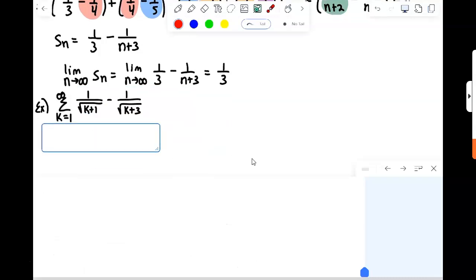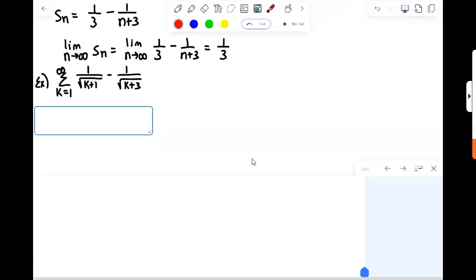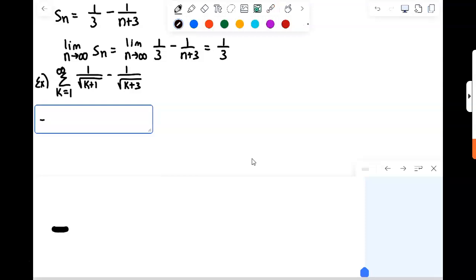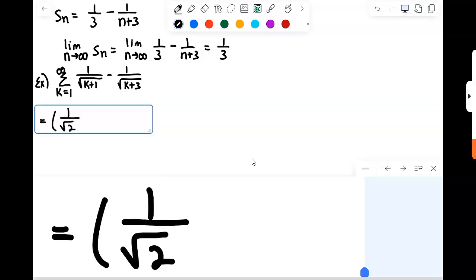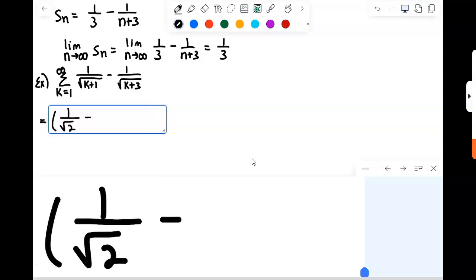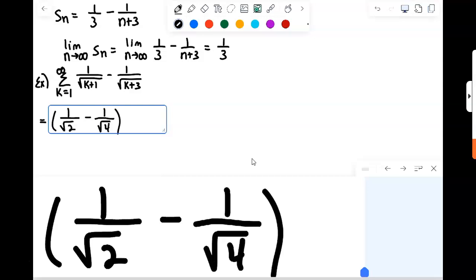Okay, so let's start to expand this one a little bit. Look at the first few terms, so we can start to get a feeling for how things are going to cancel out. First term, k equals 1. This would be 1 over square root of 2 minus 1 over the square root of 4.